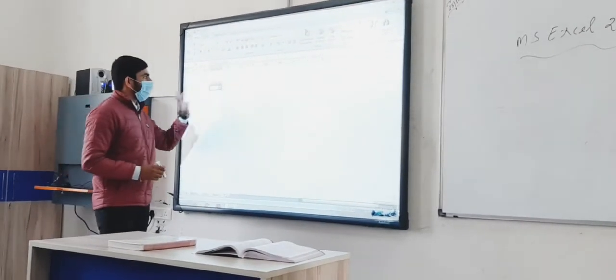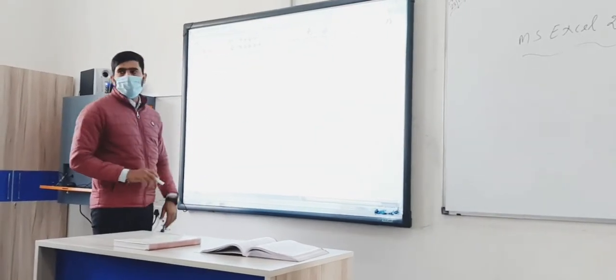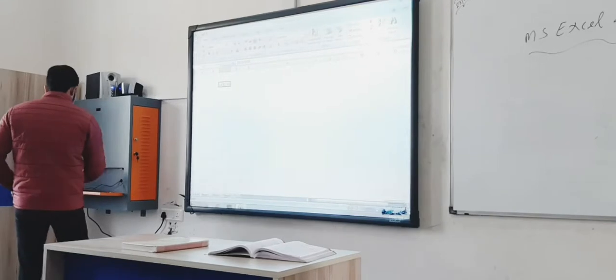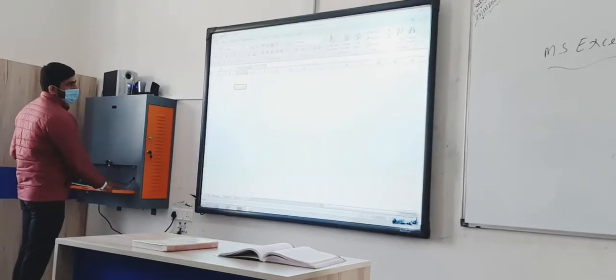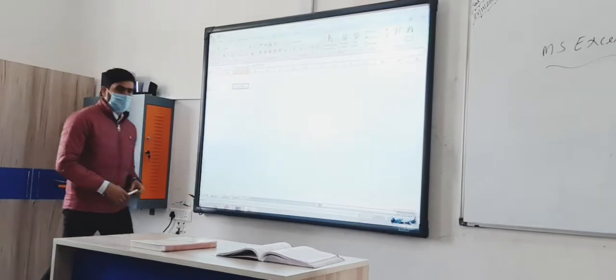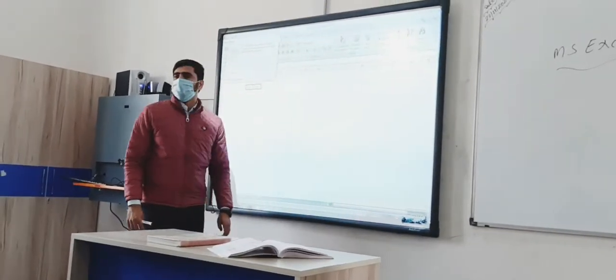Okay, so here you have seen, but in some cases we have seen the dates are not coming properly. This is the first topic in our book, formatting the numbers and the worksheet.